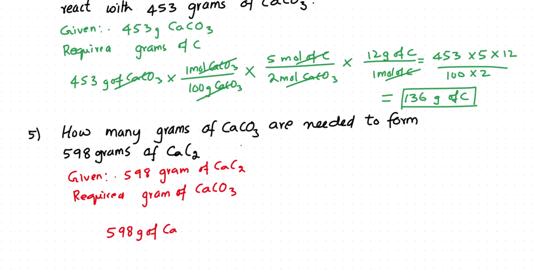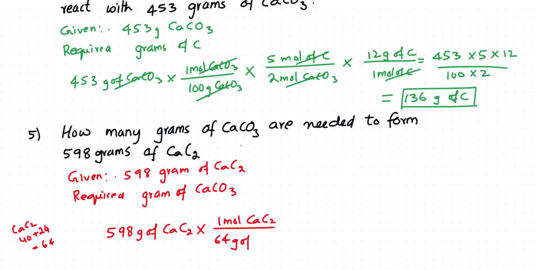Because it is given in grams, we have to change into moles. So we know 1 mole calcium carbide, how many grams? Calculate molar mass. So calcium 40 plus carbon 12 plus 12, 24. So it comes to 64 grams of calcium carbide.